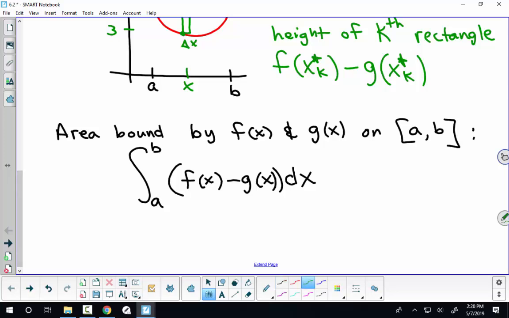So again, think about each one of these for every x value as the height of each rectangle. Our dx was the width of each rectangle.